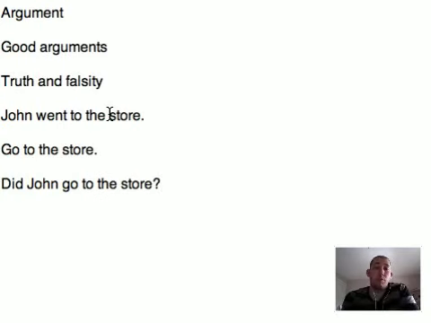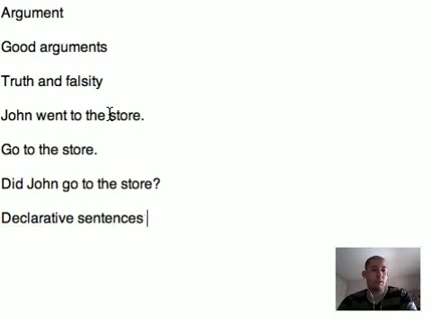That's neither true nor false, because this kind of sentence is a question. So truth and falsity are properties of declarative sentences. Declarative sentences are true or false, and it's the declarative sentences that we're going to be interested in.